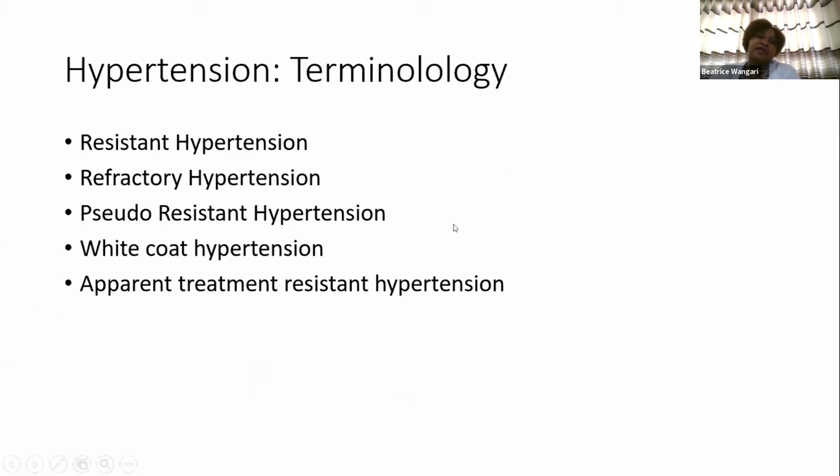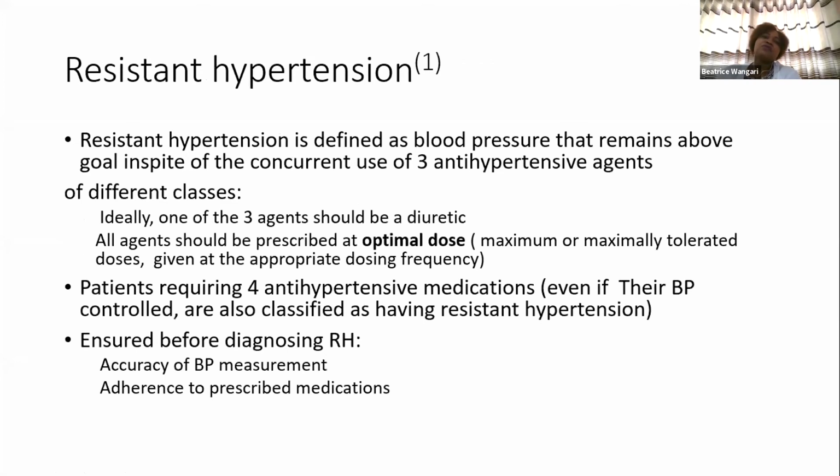I put up these terminologies here because we're going to define them and because they need to be differentiated from a true resistant hypertension. So according to the American Heart Association 2018 scientific statement, resistant hypertension was defined as a blood pressure that remains above goal in spite of the concurrent use of 3 antihypertensive agents of different classes.